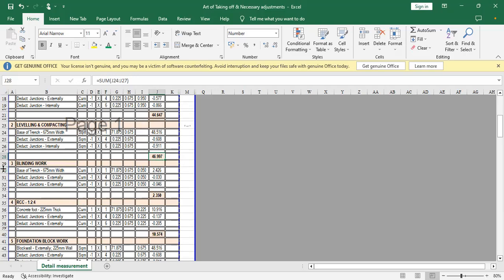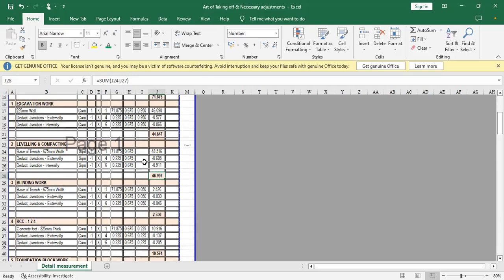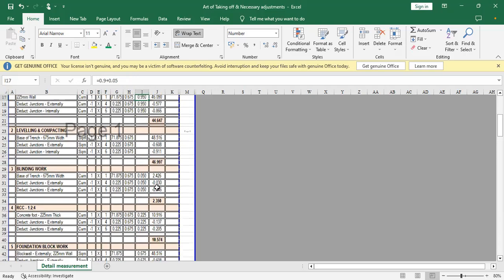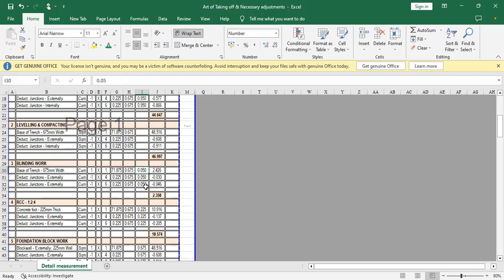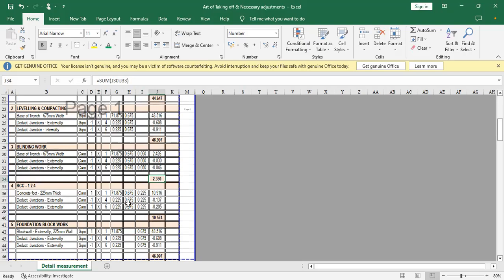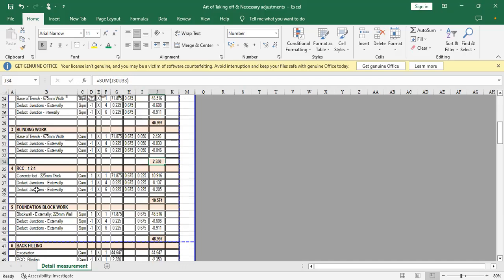The same thing applies for our concrete blinding in foundation, just as we have for our excavation, with the only difference being the thickness of the concrete blinding, which is 50 mm, which gives us 2.35 cubic meter for our concrete blinding. Now, for our concrete footing, the thickness is 225 mm by width of 675.